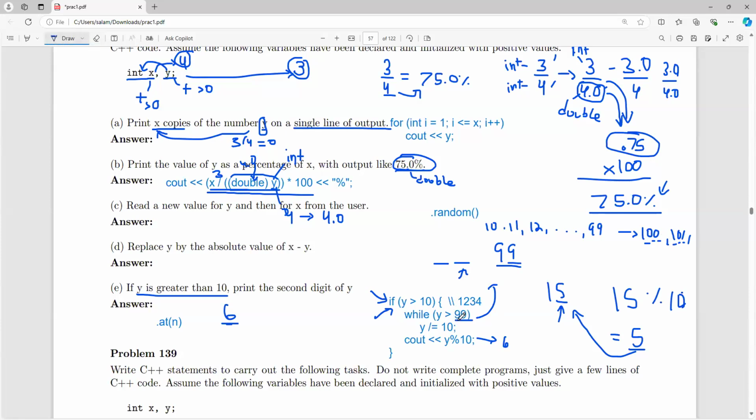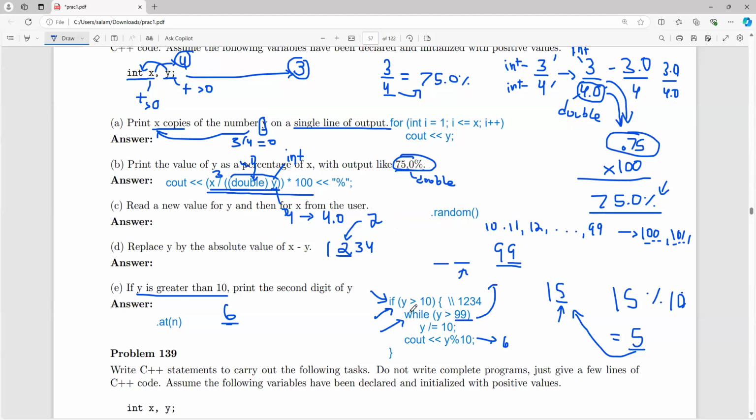The reason we have this while loop here is we only want to trim off the last digit if the number is greater than 2 digits. So let's use the example we have, 1, 2, 3, 4. The second digit here would be 2, so we want to print out 2.